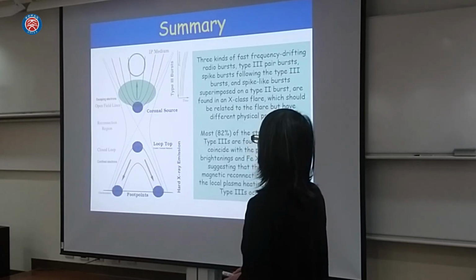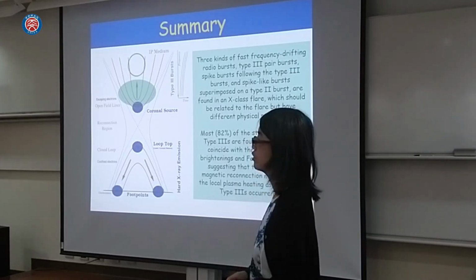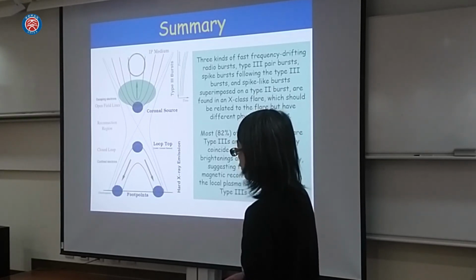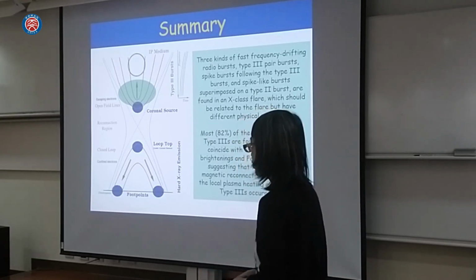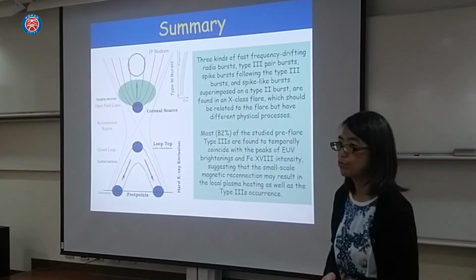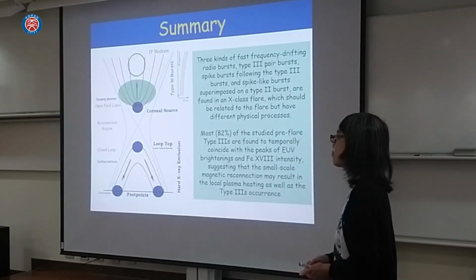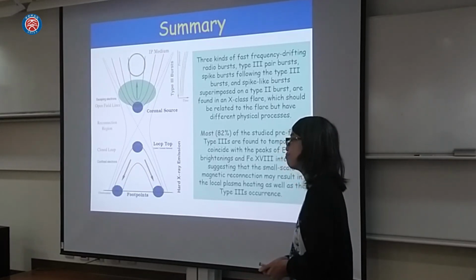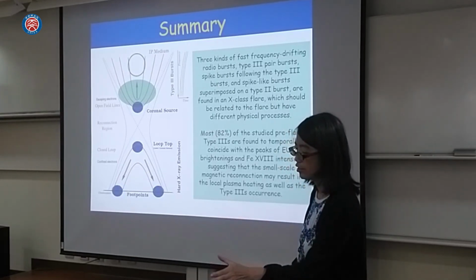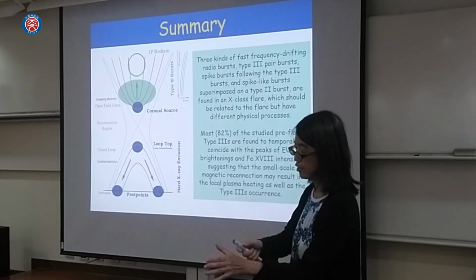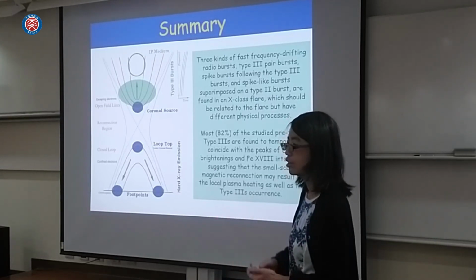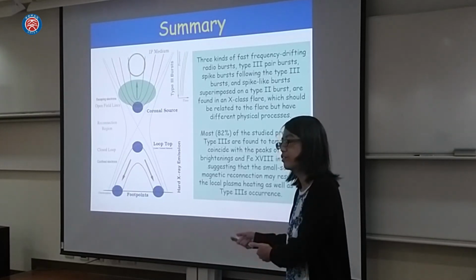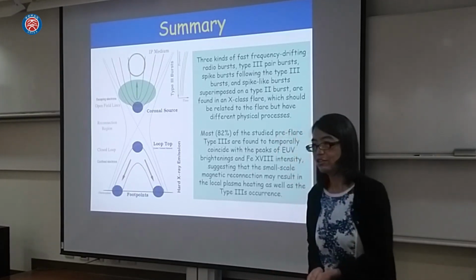We also look for some evidence of flare occurrence, some signature of flare tapestries, to say maybe there is some relationship between the preferred tapestry and the localized magnetic condition, and it should be related to the occurrence of the following flare. Okay, that's all. Thank you very much.